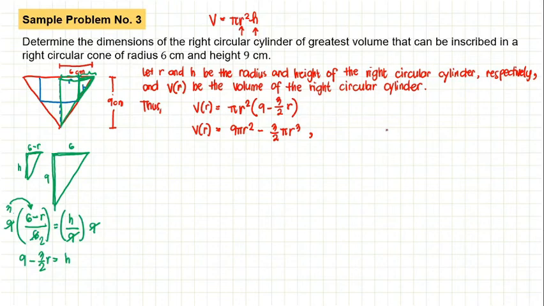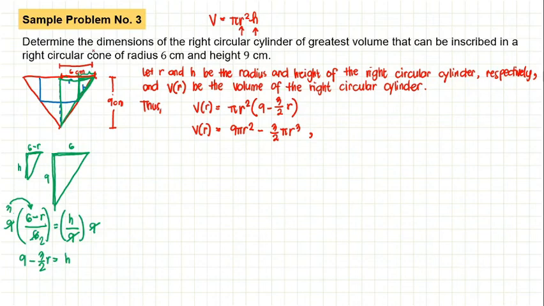So there. Okay. Now, take note our variable is r. So we need to check the restriction of our r. r is the radius of the cylinder. And take note our cylinder is only restricted from this one to here, right? So that is from 0 to 6.